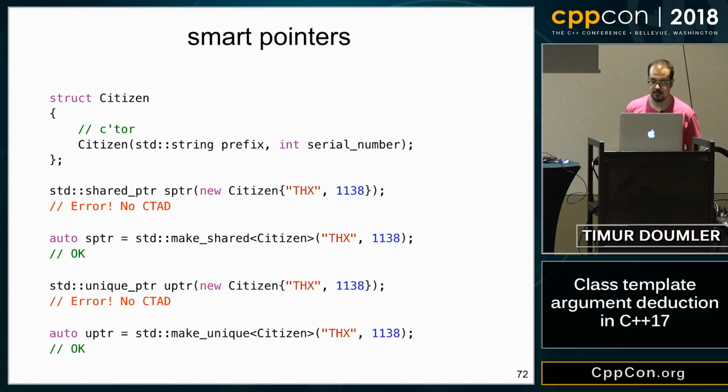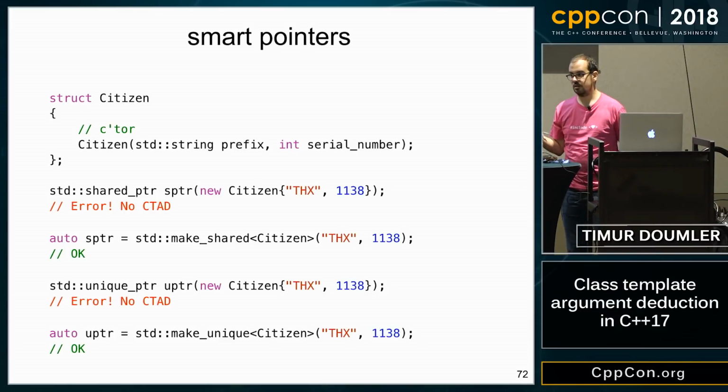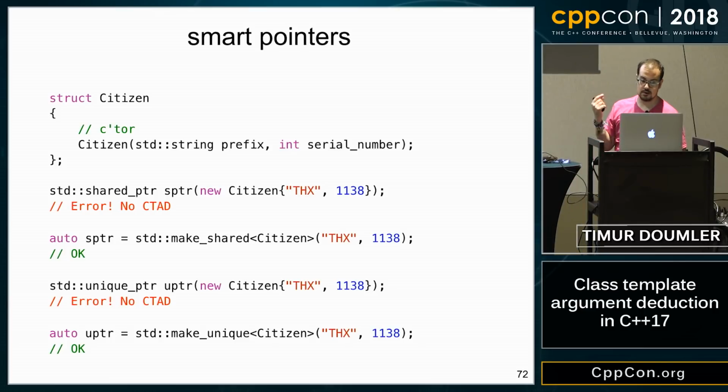Because sometimes these make functions actually are better. For example, for shared pointer, make shared is actually more efficient because it's one allocation instead of two if you directly construct it. It has also exception safety built in, right? So if the constructor of the thing that you're trying to put into the pointer throws, then make shared is going to make sure that it's not going to cause a memory leak if it throws in the middle of that process.